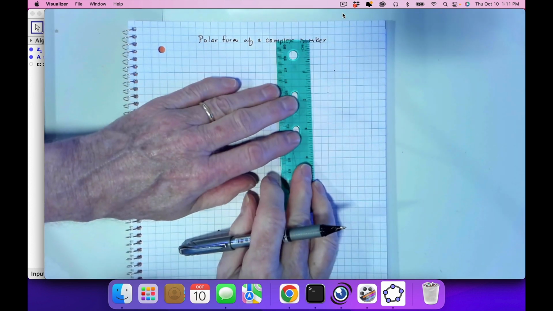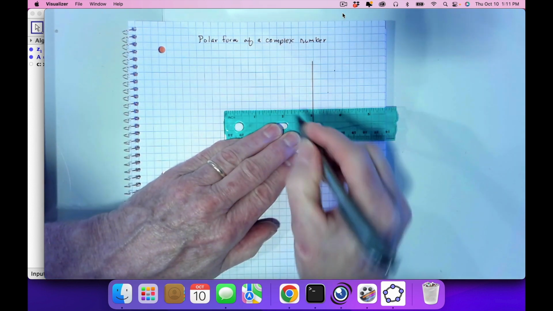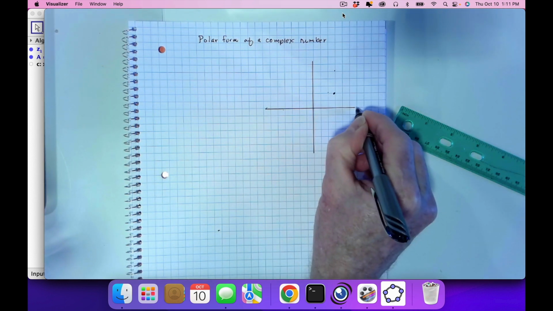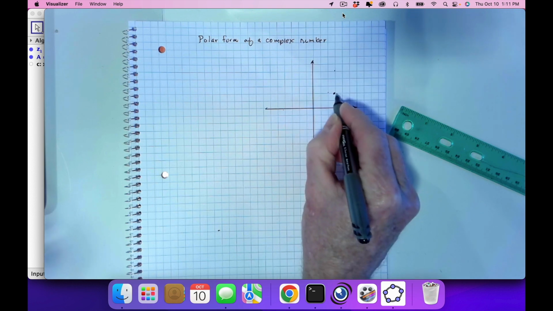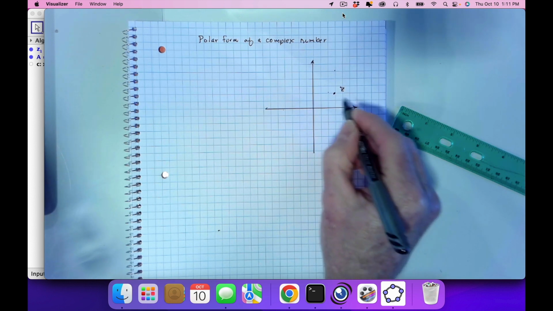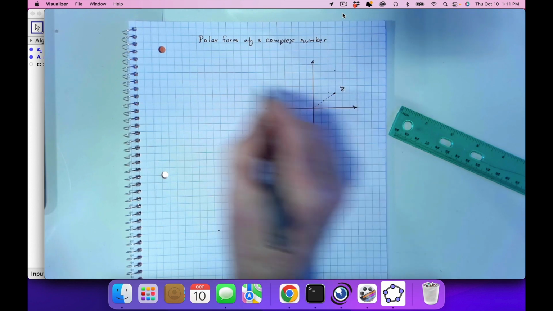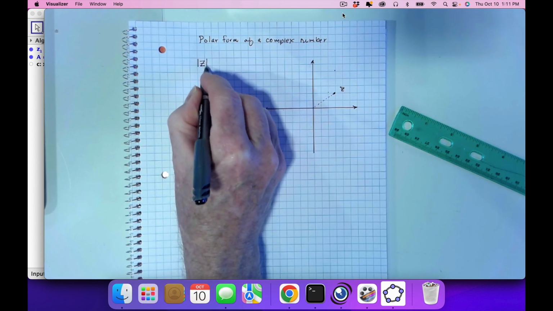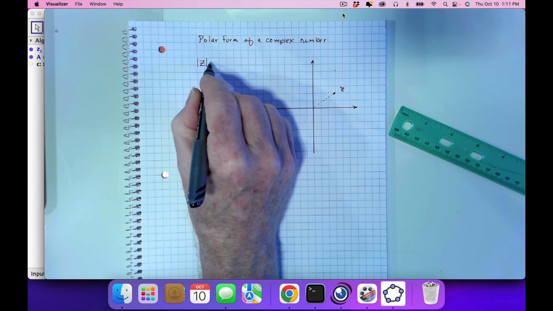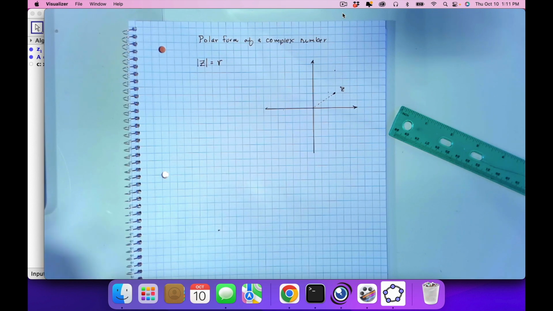So here, showing our complex plane, if I have this complex number right here, z, which happens to be 3 plus 2i, we know the magnitude of z is the distance to the origin, and often we like to use the letter r, which would stand for radial.